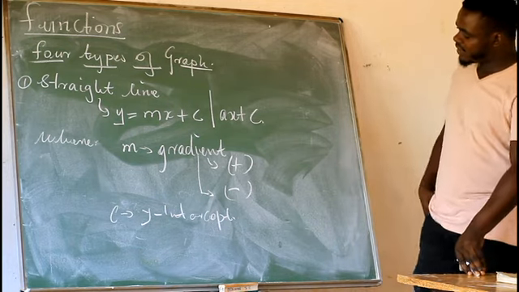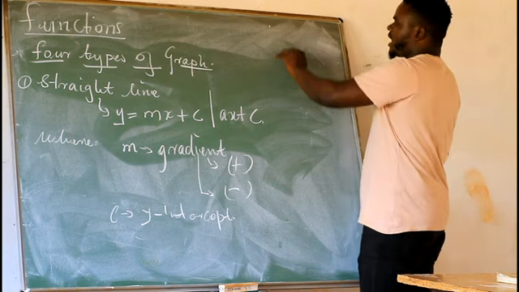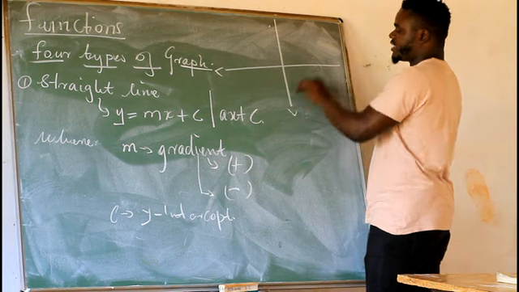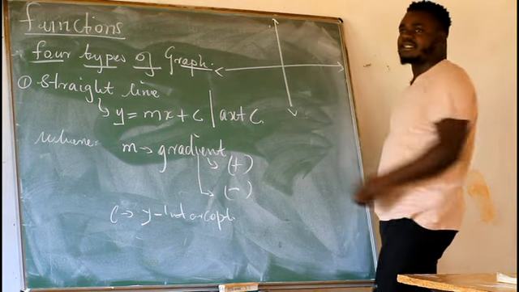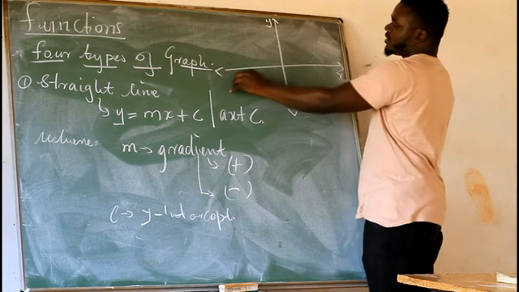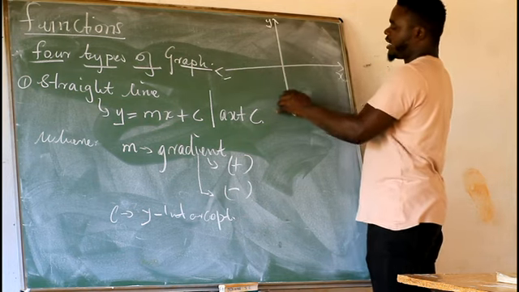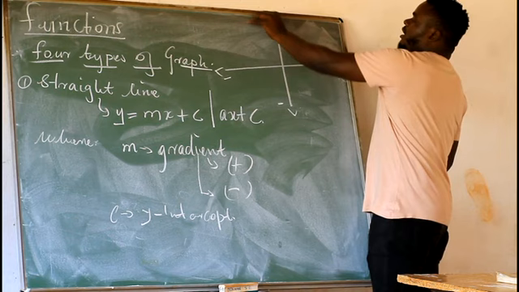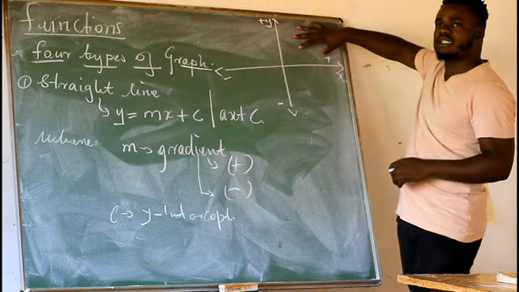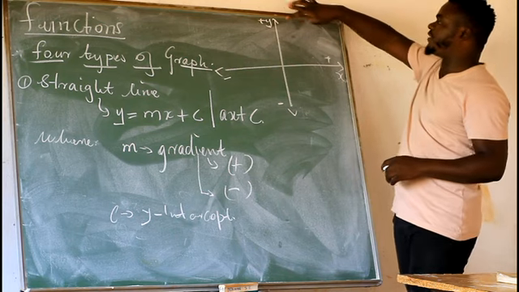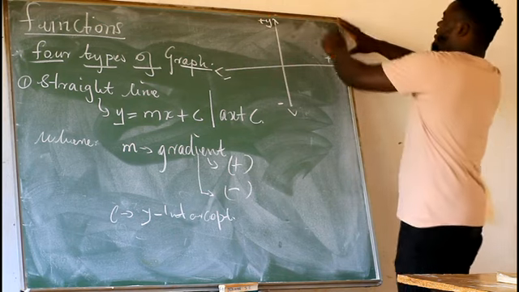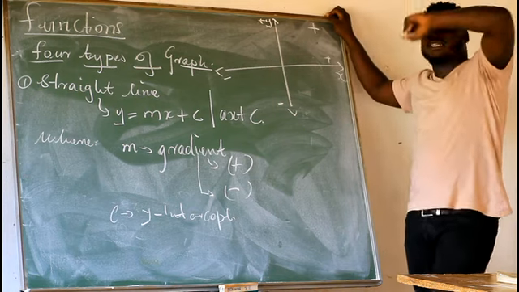Now, regarding the gradient, we talk about the Cartesian plane. A Cartesian plane is given by positive x, positive y, negative x, negative y. In our first quadrant, we have positive and positive, and positive times positive is positive.